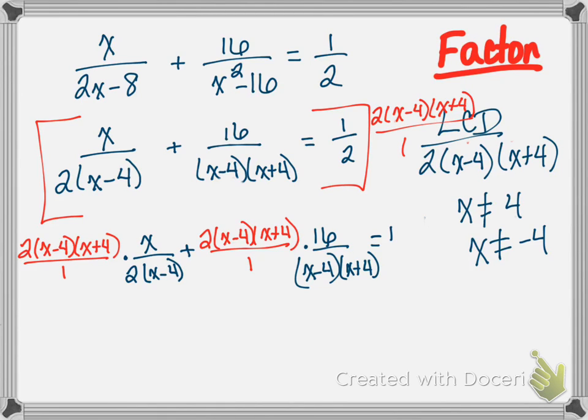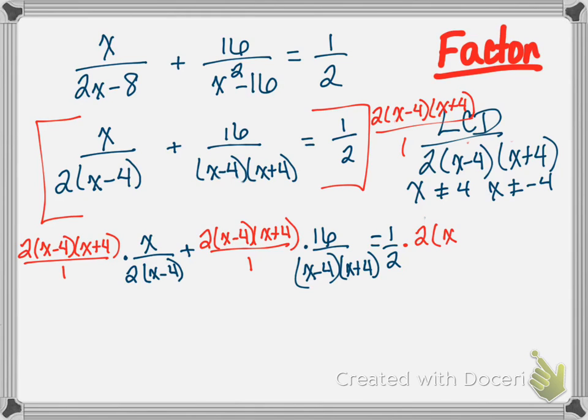And that equals 1/2. I've got to erase those. Let me write them somewhere else. So x can't be 4 and x can't be negative 4. Okay. And then I am multiplying 1/2 times 2 times x minus 4 times x plus 4 over 1.